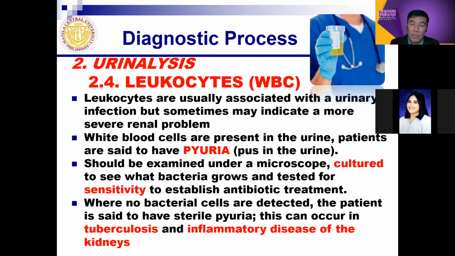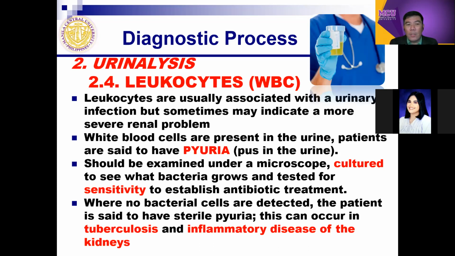Hematuria is the presence of blood in the urine. Pyuria is pus in the urine. So if it is already identified that the cloudiness is caused by pus, automatic yan, nurses. You need to take into consideration agad the urine culture and sensitivity test to identify the antibiotic treatment.